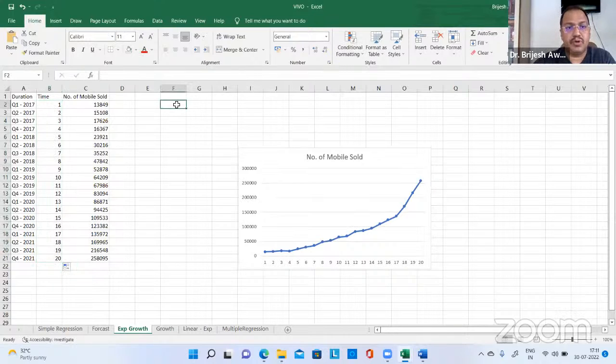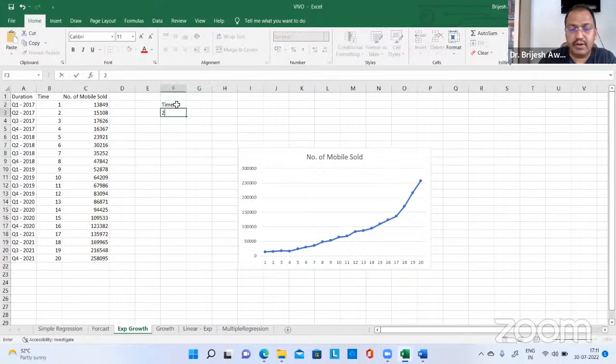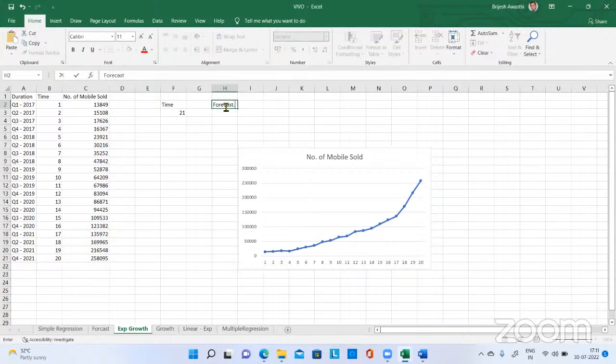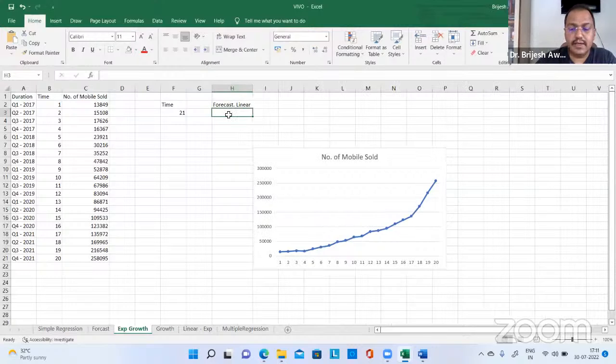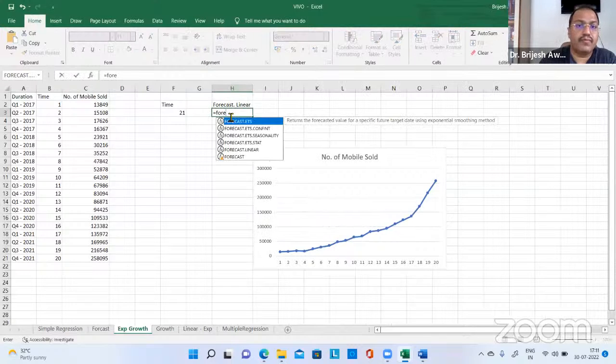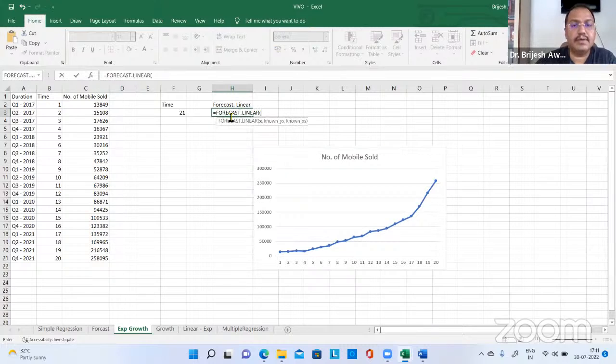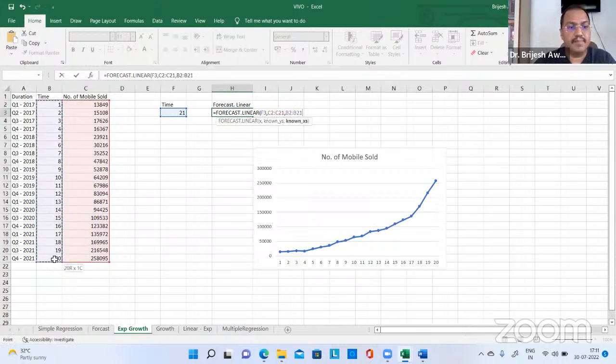I'm talking about time, time is 21, for the next period, because I want to do a forecast. But what kind of forecast? Linear. So you just look here, equals FORECAST.LINEAR, and I want to calculate for the next quarter, comma, this is my Y series, comma, this is my X series.